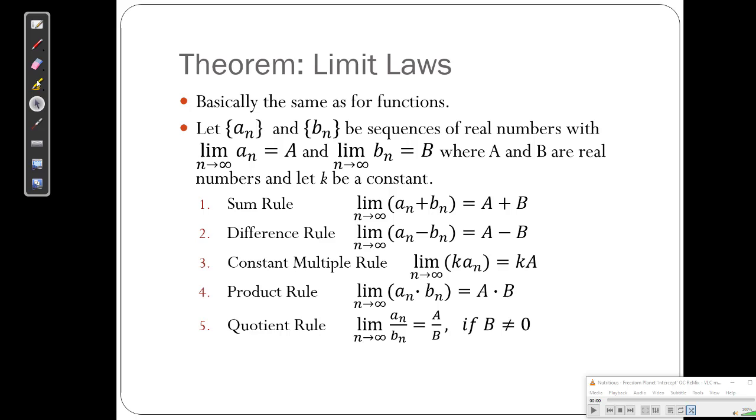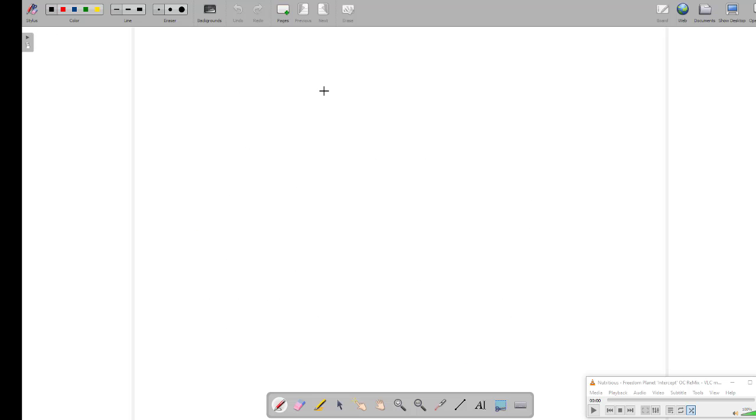I'm going to go ahead and prove one of these. I'm only going to prove one of them, though, because they're very simple to prove. Everyone's basically done the same way. So let's prove, say, the limit as n approaches infinity of a sub n plus b sub n equals a plus b.